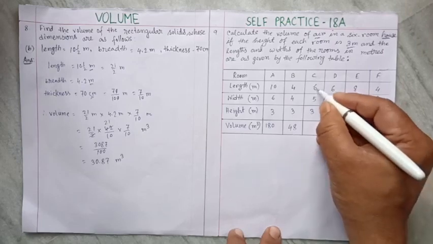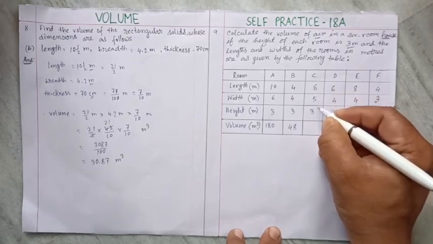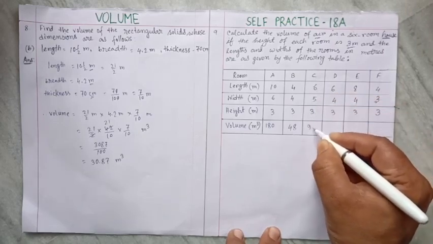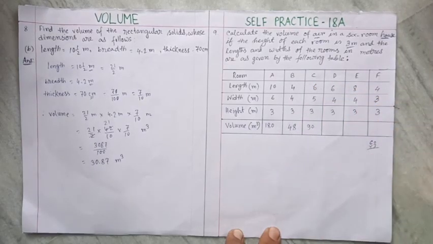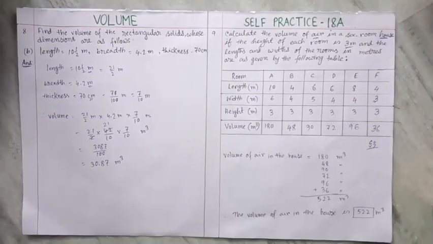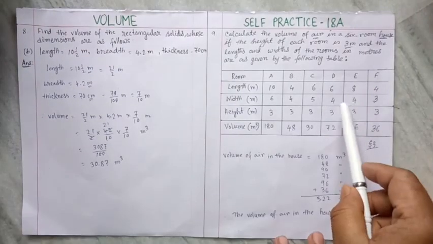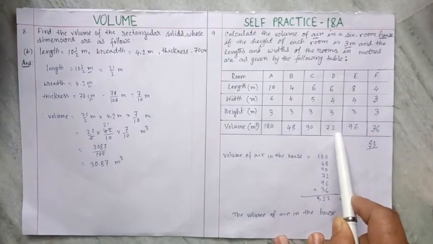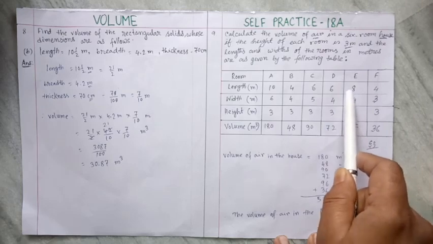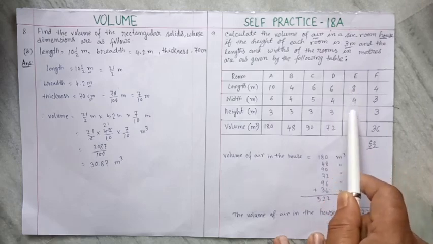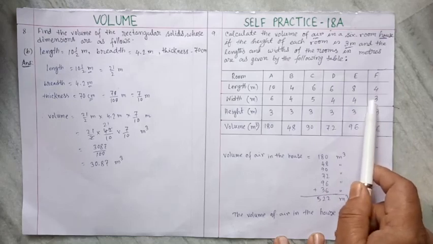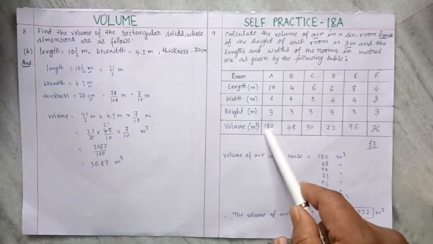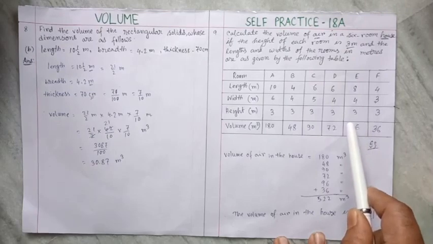Now just see 6 and 5, 30, 30 and 3, 90. Similarly you just do this multiplication. Here 72. Here do the multiplication of 8, 4 and 3, so it will be 96. Here 4 and 3, 12 and 3, 36. So these are the volumes of the rooms.